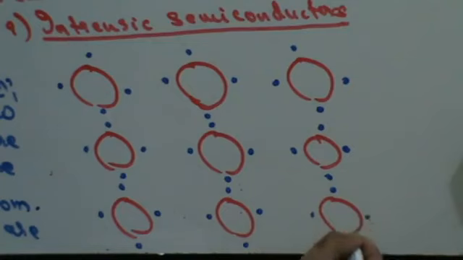Now they are going to form covalent bonds. The adjacent germanium atoms form covalent bonds.